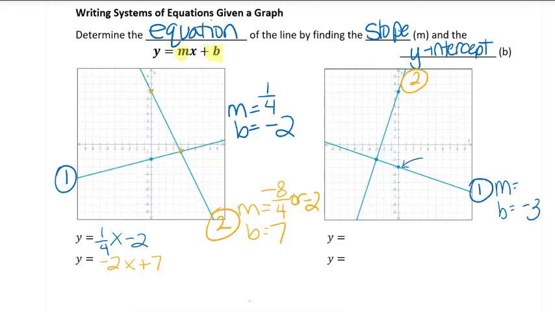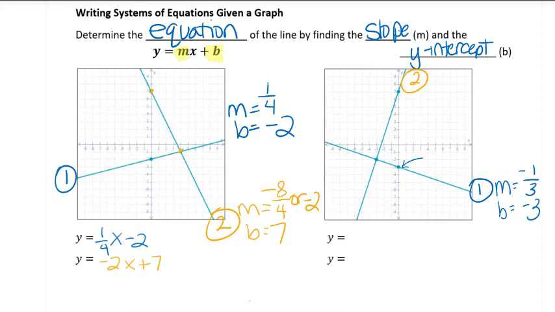However, that point is further to the right. So when I'm finding my slope, I want to start here and count down and over to get to that point. So to get the slope, I'm going to go down 1 over 1, 2, 3. And again, when you go down, it's negative. So -1 over 3 is my slope.